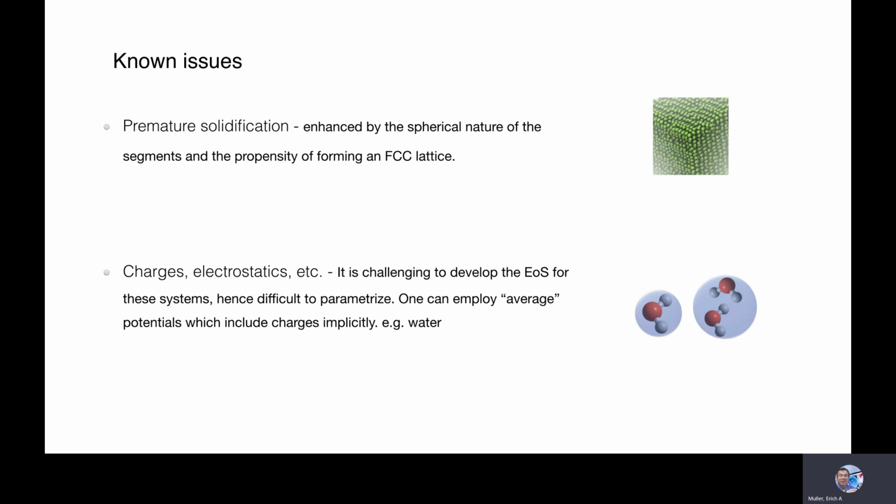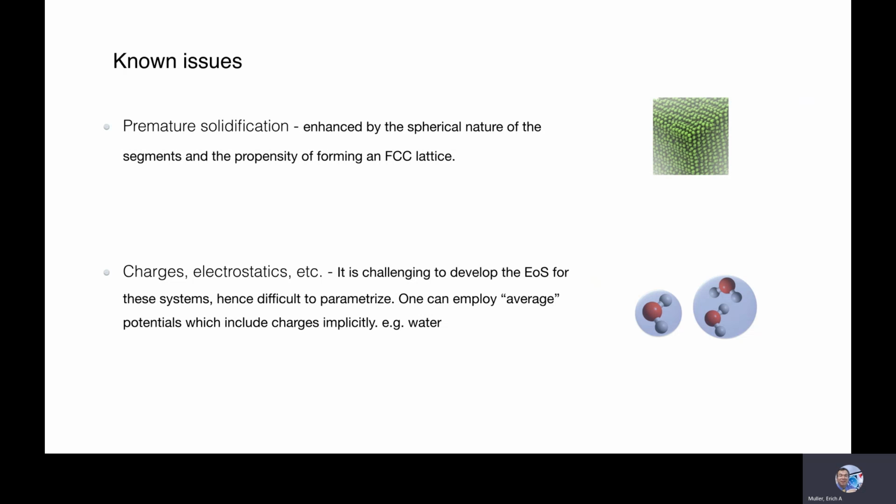I'd like to discuss also some issues that we know are happening with our model, because our model, of course, is not perfect by any means. There are two things at this point that I'd like to point out as significant problems. One of them is the premature solidification, which is enhanced by the fact that our models, especially our homogeneous models, are made up of spheres of the same size.